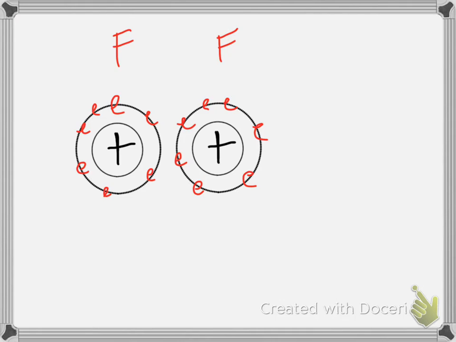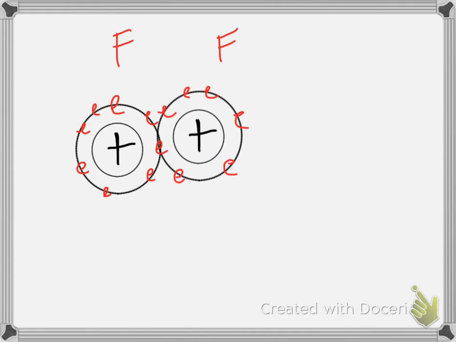So if they overlap their orbitals and they share 1 electron, that's all they have to do, then suddenly each of them feels as though they have 8 electrons, because there's that 1 pair of electrons that they're sharing, in essence.